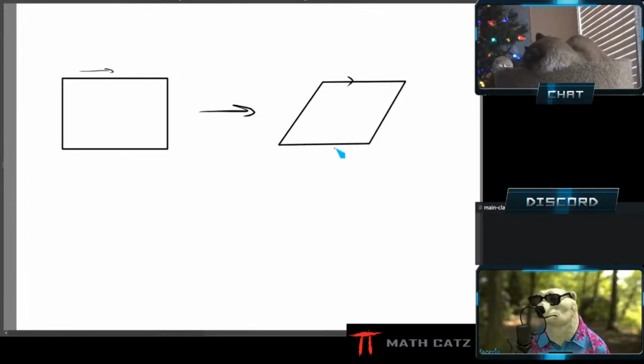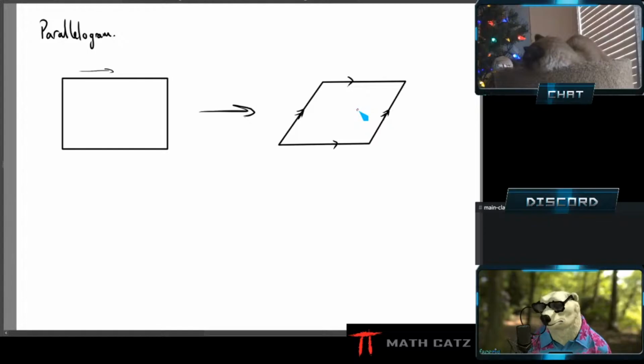I'll emphasize they are parallel just in case my drawing isn't perfect. I can see the rectangle as sort of a deformed parallelogram, if you will. Pretend it's a pliable material like rubber or something quite soft. I keep the bottom base fixed, but I push the top to the right.